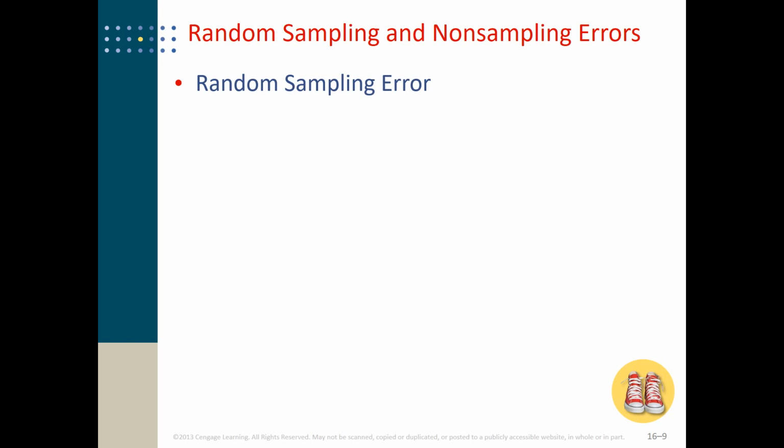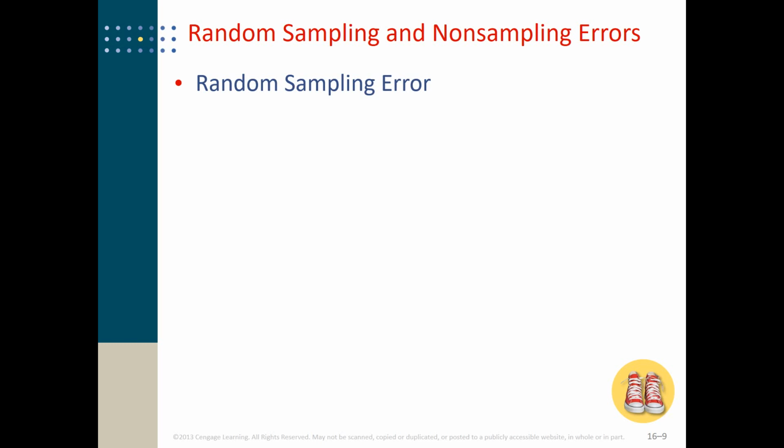That's called random sampling error. That means if there is a difference in the results from the population and from the sample, that is random sampling error. There are some statistical measures that can estimate this random sampling error.